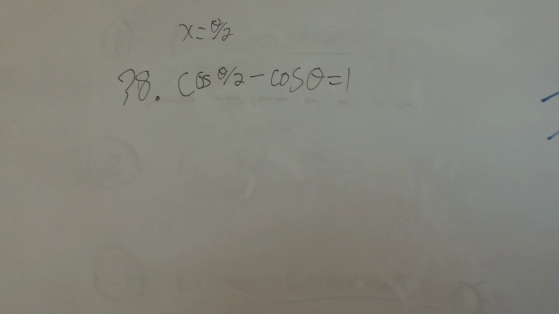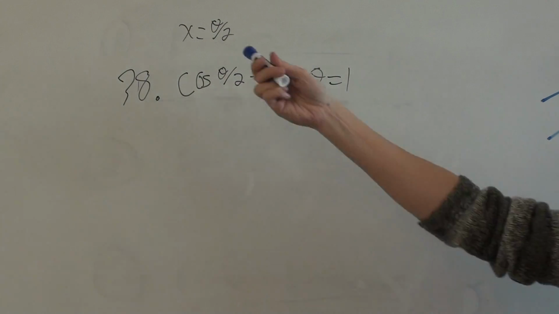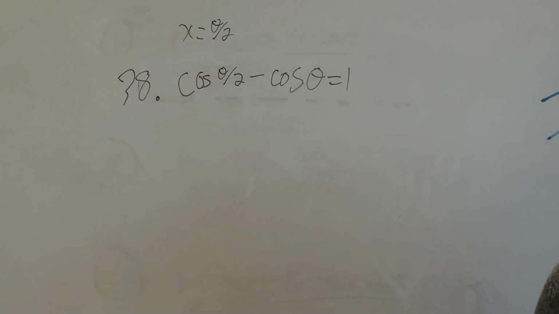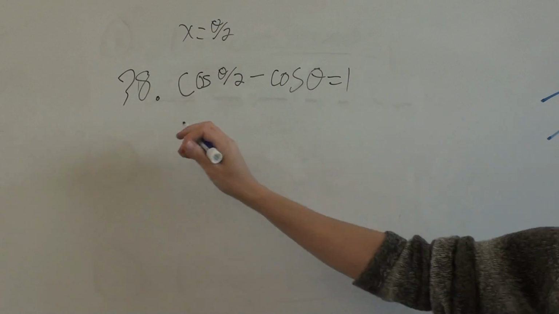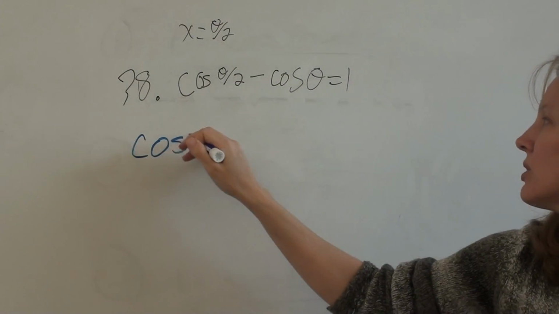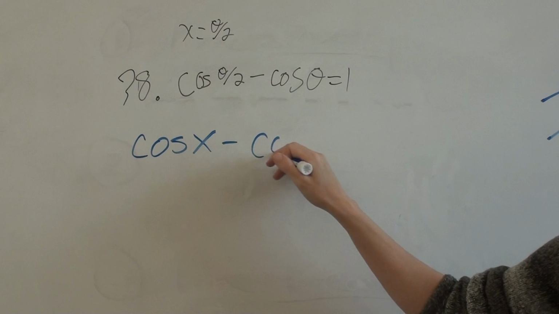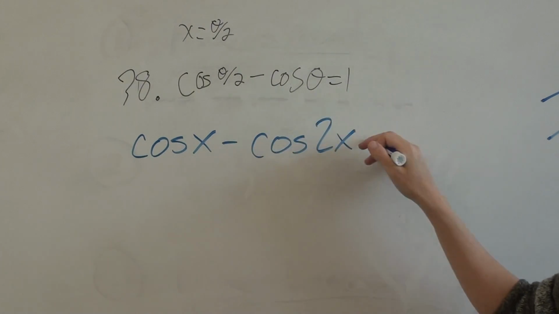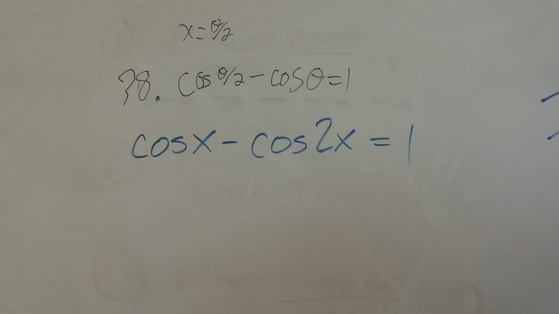If you don't want to mess with half-angle identities, it's actually a lot easier to redefine your variable and say, hey, let's let x equal theta over 2. Then what happens is we get cosine x minus cosine 2x equals 1.